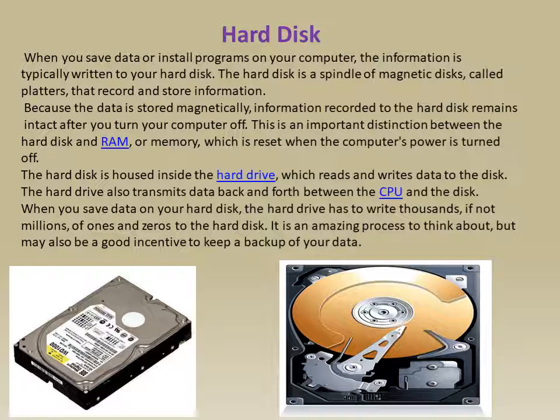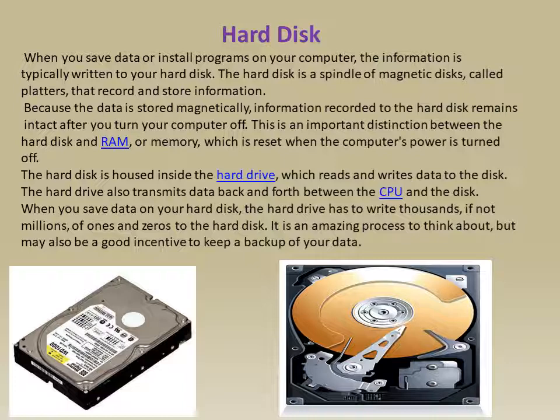When you save data on your hard disk, the hard drive has to write thousands if not millions of ones and zeros to the hard disk. Now we know that the language of the computer is machine language, which consists of binary numbers. That is, only two symbols, 1 and 0. When you write anything using binary, it consists of combinations of 1 and 0, so to write this information, it has to write millions of ones and zeros.